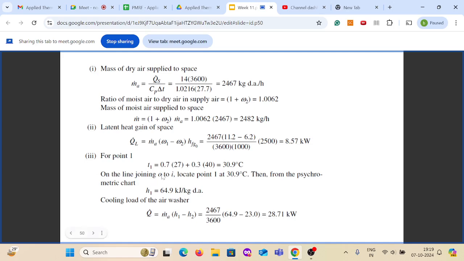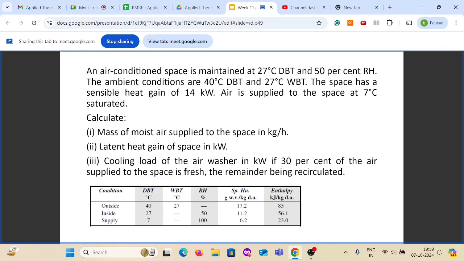So on the line joining the inlet to outlet temperature, we need to locate this temperature 30.9. Correspondingly the enthalpy is 64.9 kilojoule per kg of dry air. Now the cooling load of the air washer: we need the supply at 23.